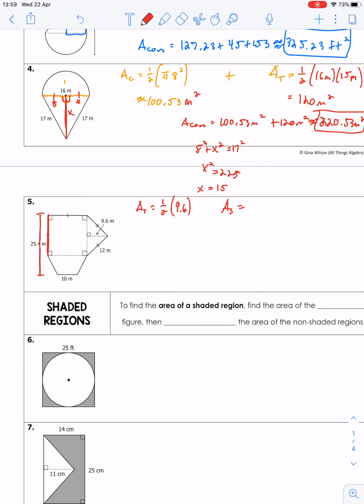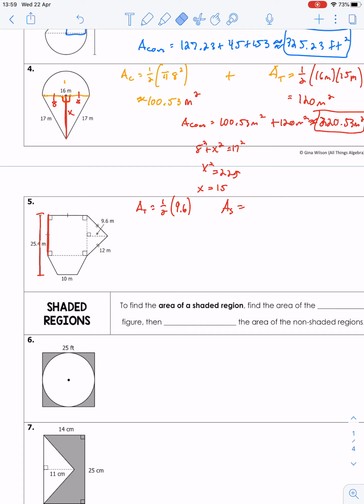Good question. Well, we'll have to think about this. Let's see. Since this is an isosceles triangle over here, we know that this side is also going to be 12 meters.